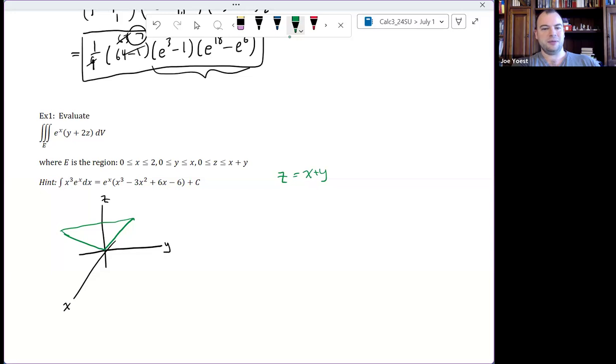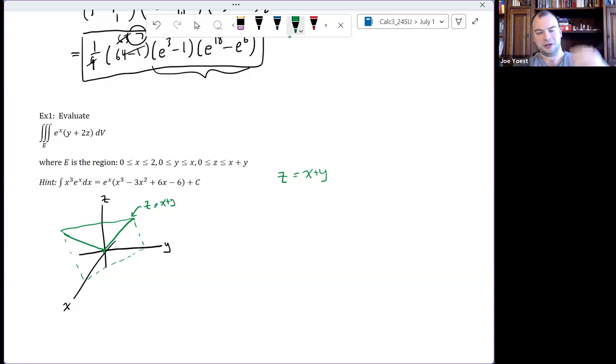So this line at the top of the triangle is kind of maybe above, say, this line here in the XY plane. And then, of course, this point here is at the origin. So that's our plane z equals x plus y.